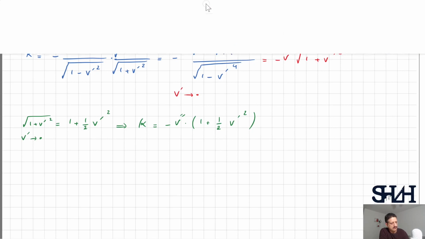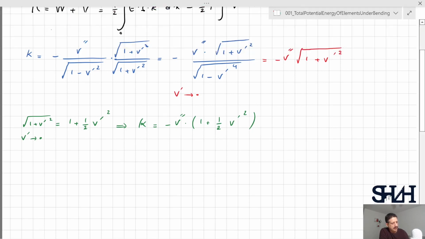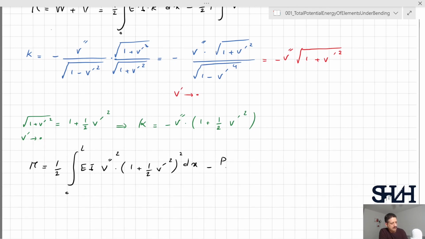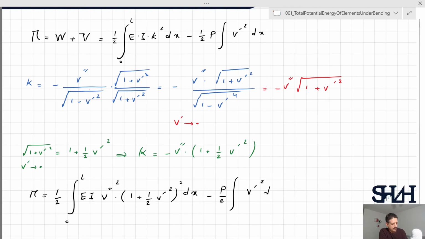And now if I substitute kappa into the equation, this is very useful when, for example, we want to calculate post-buckling questions. So Pi will be 1 over 2 integration EI, second derivative of v squared, times 1 plus 1 over 2 v prime squared, squared, dx from 0 to L, minus P over 2 integration of v prime squared dx.